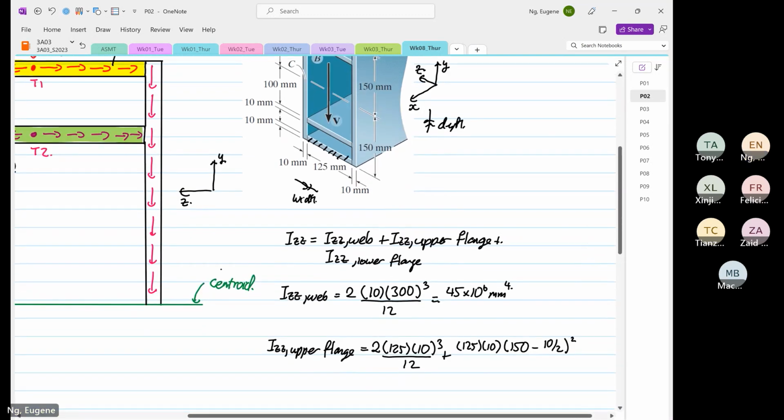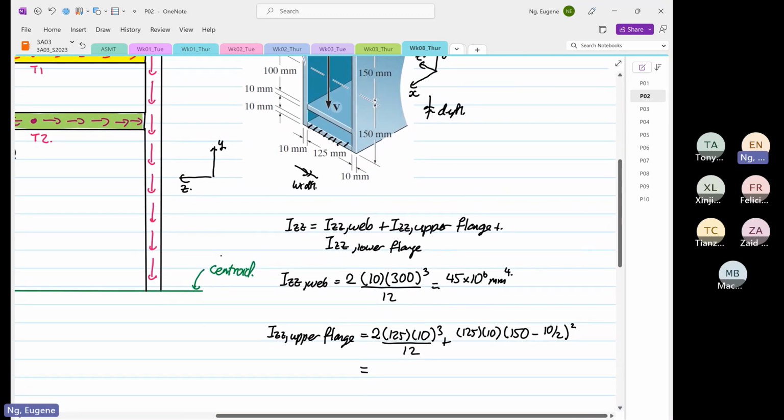Okay, so this will be equal to 150 minus 5, 150 minus 5 squared times by 125 times 10 plus by 10 power 3 times by 125.